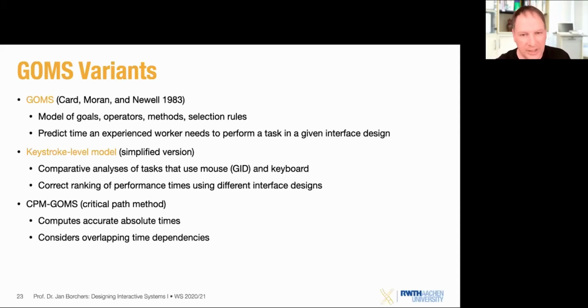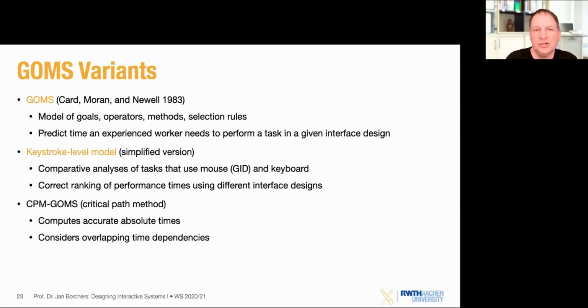For example, when I have to select an arbitrary piece of text, I may identify where I want to start. I move my pointer there, I click, and while I'm clicking, I'm already beginning to think about, okay, where's the end of this? And then I move down there, and as I click, I already start verifying whether I've got the right part selected. So we tend to be a bit faster.